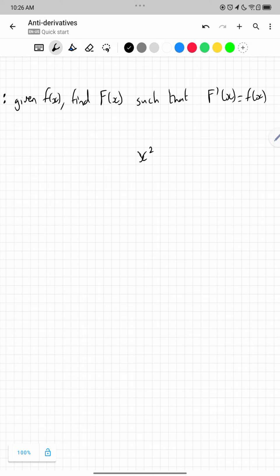So let's say this is equal to uppercase F of x. This is also equal to uppercase F prime of x. Now for us to find uppercase F of x using F prime of x, you need to do the opposite of derivative.